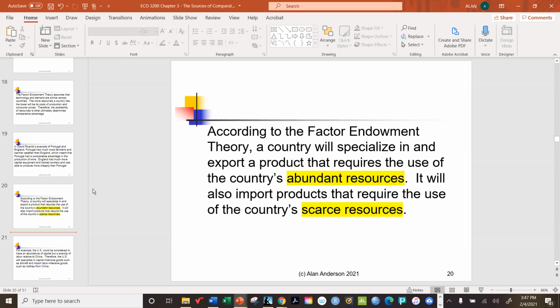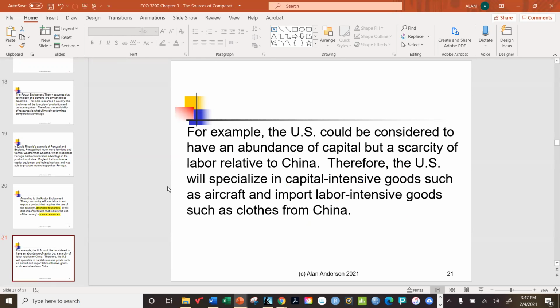So it sounds like a pretty uncontroversial theory, although it does make a lot of assumptions. Now here in this example, we could say that the US has an abundance of capital compared to China, but a scarcity of labor. So the US will produce goods that require a lot of capital, like aircraft, and they'll let the Chinese make the labor-intensive goods, like clothes, and we'll buy their clothes, and in exchange, we'll also sell them our aircraft.